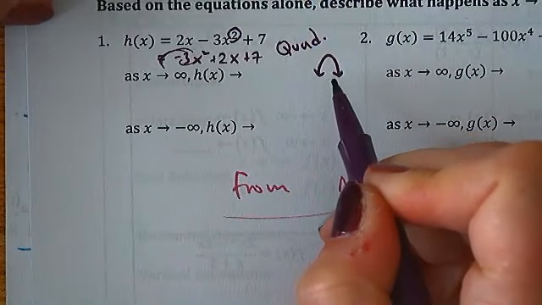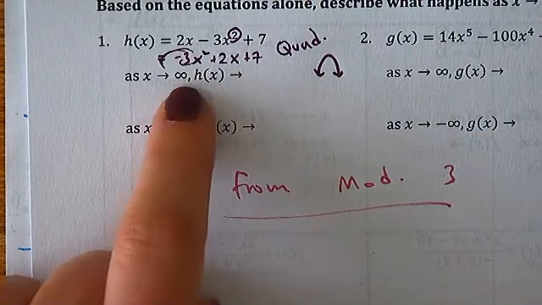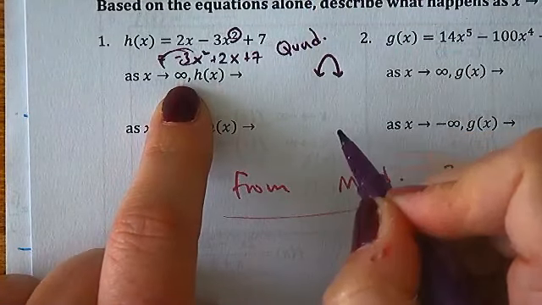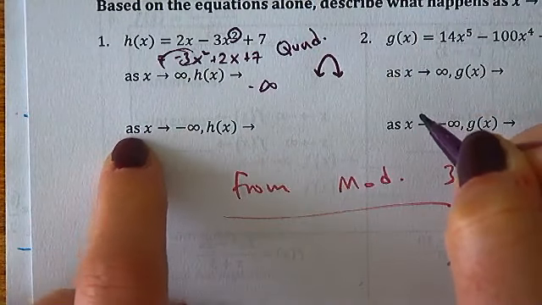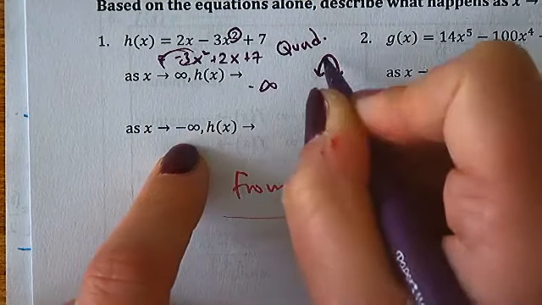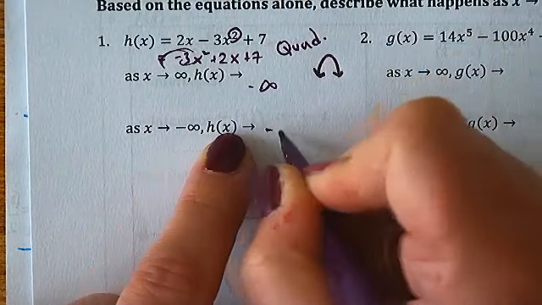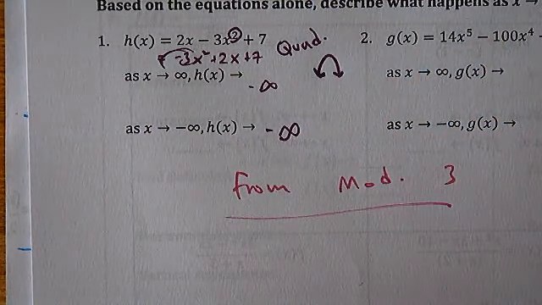That's what it looks like. So then what is the end behavior as x approaches positive infinity on the right? It's going down to negative infinity. And then what's the end behavior as x approaches negative infinity, aka the left-hand side? It's going down, also to negative infinity. Right? Do you remember that? I hope it's coming back.